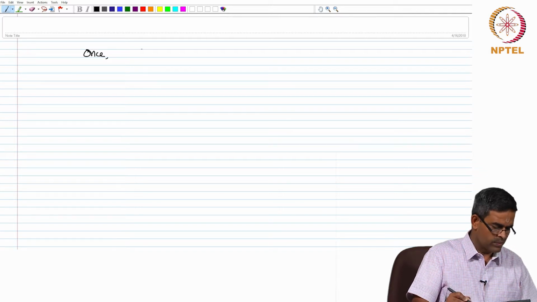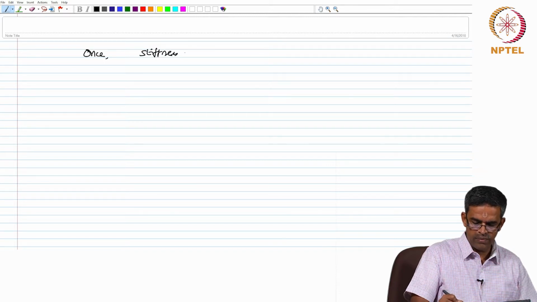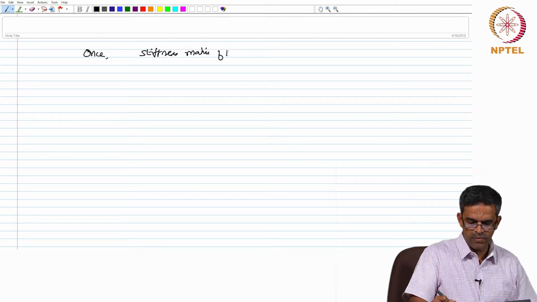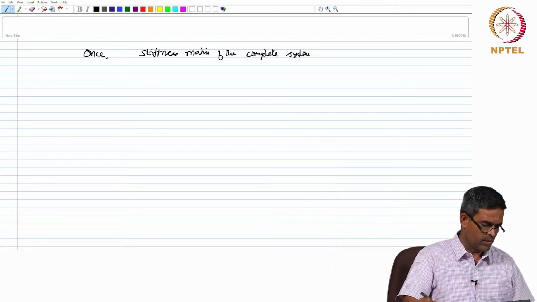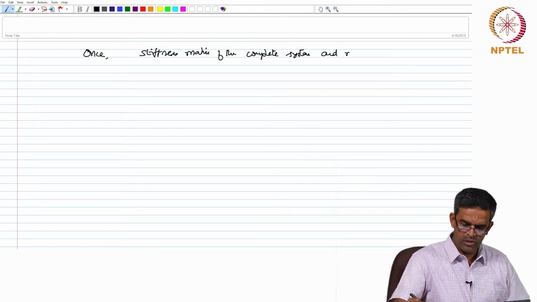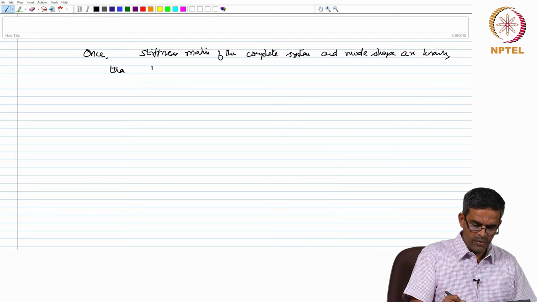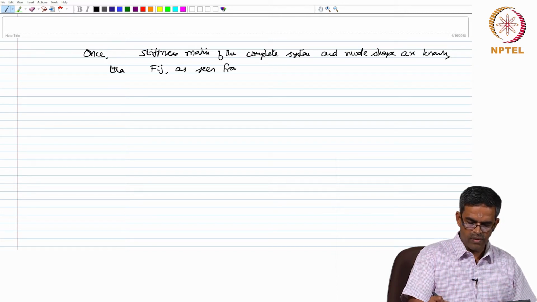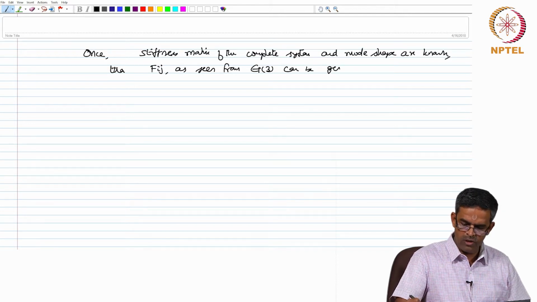Once stiffness matrix of the complete structural system and mode shape are known, then Fij as seen from equation 3 can be generated numerically.